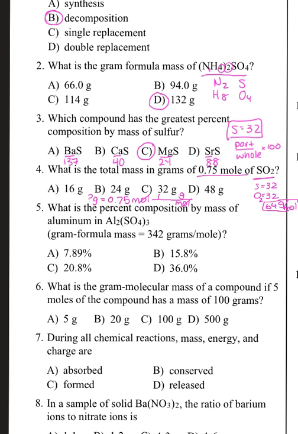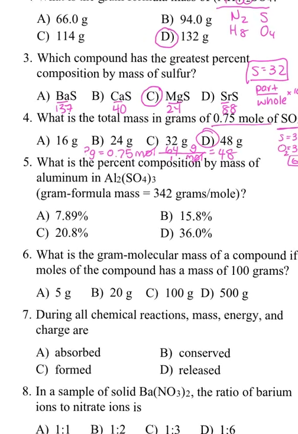I have 64 grams for every mole, and if we put this in our calculator and multiply the top, we have 0.75 times 64, and that gives us an answer of 48 grams. Our answer is D.